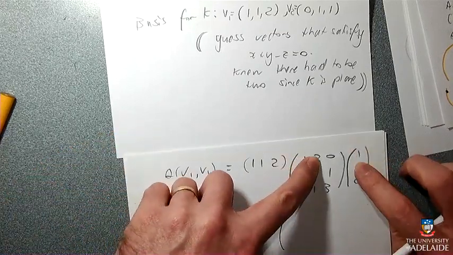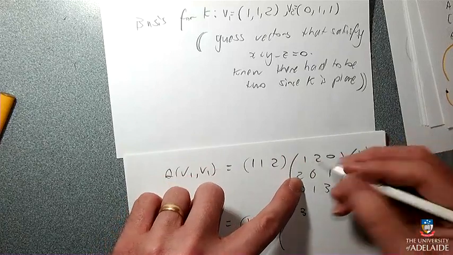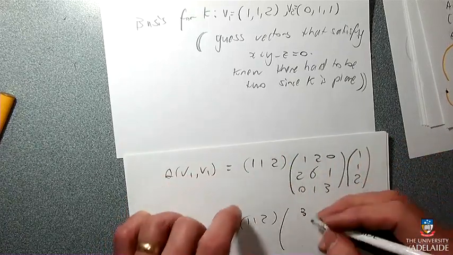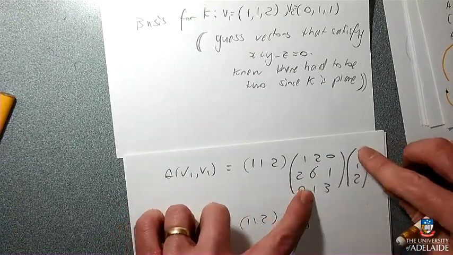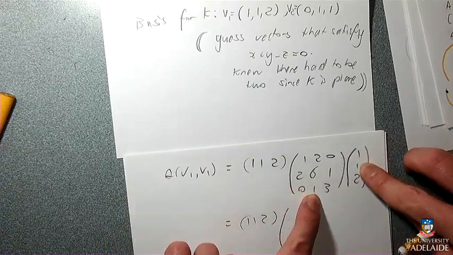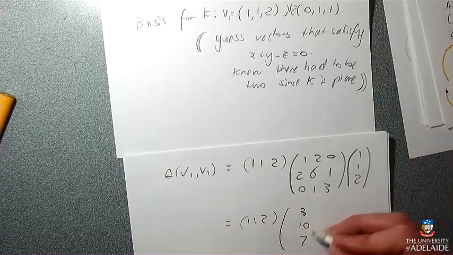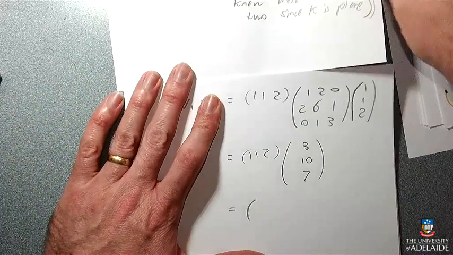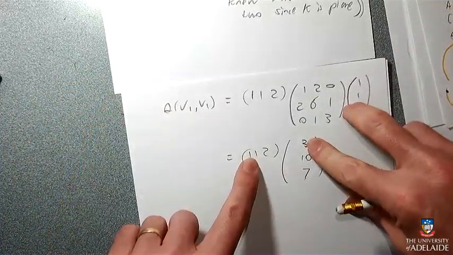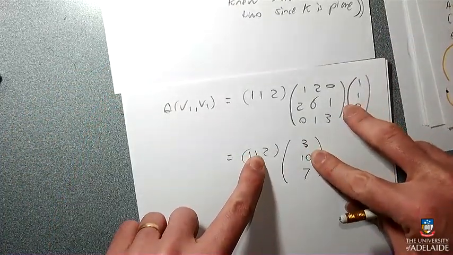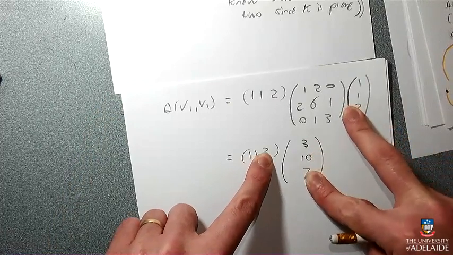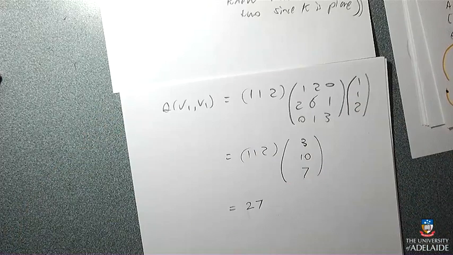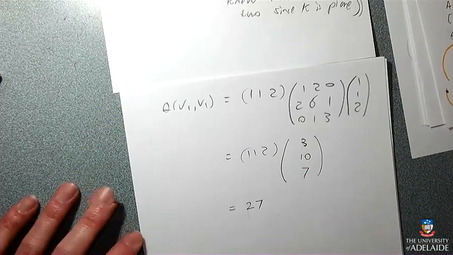So one of this and one of this is 3. 2 plus 6 is 8, plus 2 is 10, 1 plus 1 plus 6 is 7. So what have we got? We've got 3 plus 10, which is 13, plus 14, which is 27. Sure, well, not 0, so that was all we needed.